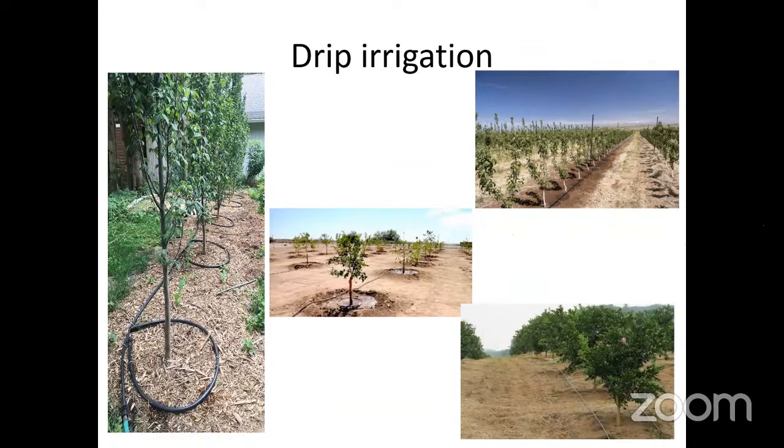The best one is the drip irrigation system because it's less costly than the sprinkler, and you can control it very well. Also you can control the water quantities that you are adding to your trees, because you are controlling the number of emitters that you installed and the discharge of each emitter.